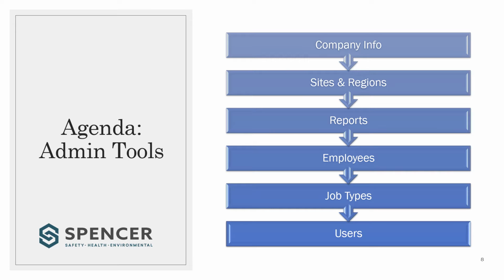And this includes company information, sites and regions, reports, employees, job types, and users. And these 6 features are only available to those with admin access. So this would be your EHS manager or someone who's in charge of ensuring the program is updated and used properly.